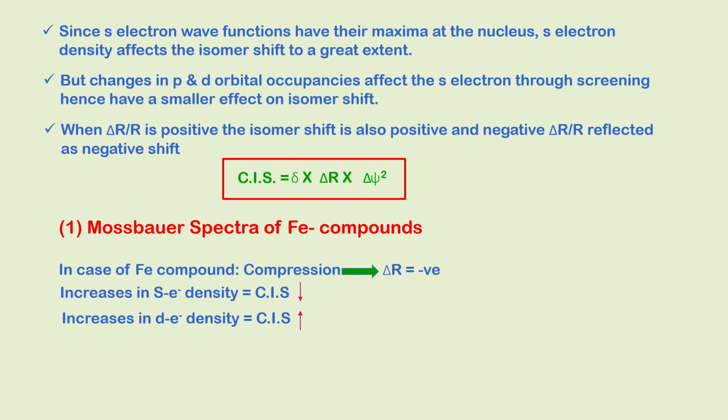For better understanding, CIS is proportional to delta R and delta psi square. So here the value of delta R and delta psi square is negative, so CIS turns positive. It can be understood by taking the example of FeCl2 and FeCl3.